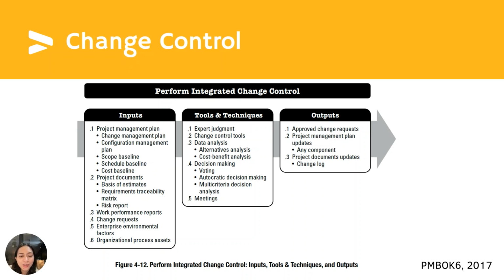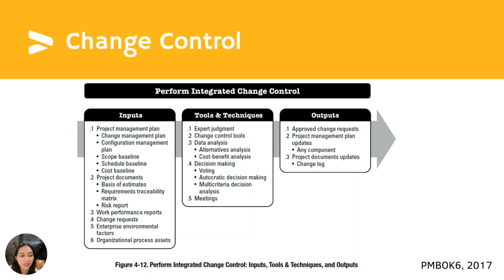So for project documents, basically you have your basis of estimates. It indicates how the duration, cost, and resources estimates were derived. So what is the basis of you coming up with the scope, schedule, and cost?